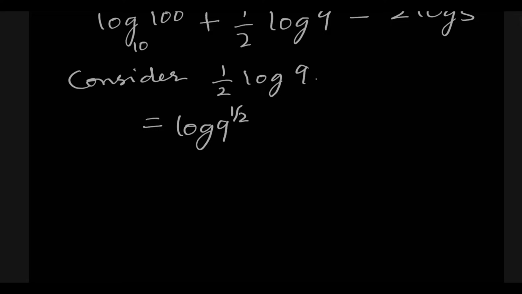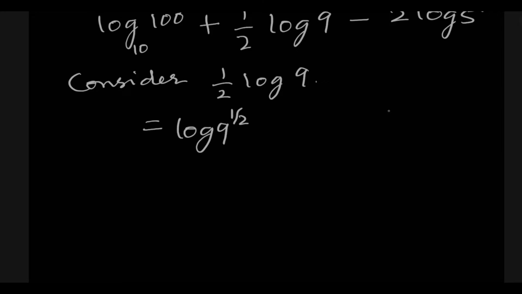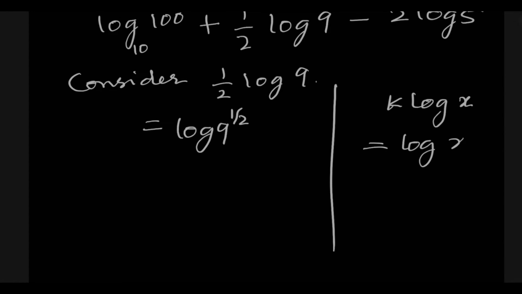This is using the law that k log x is equal to log x to the power k. So using this I have written this step: log 9 to the power half.